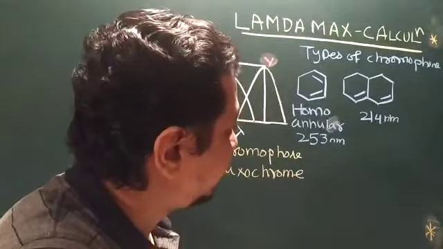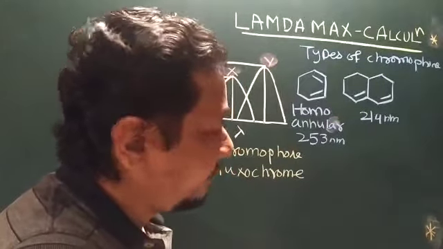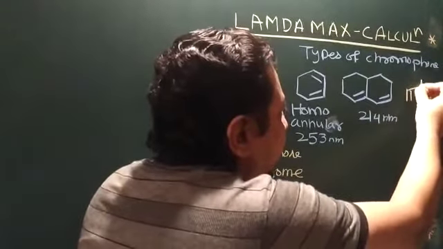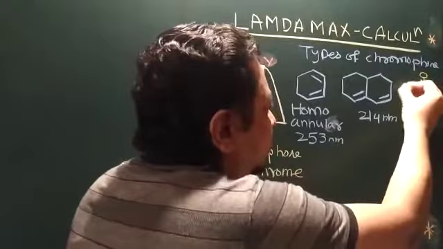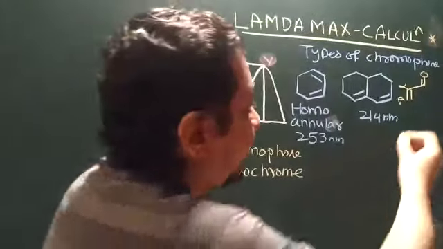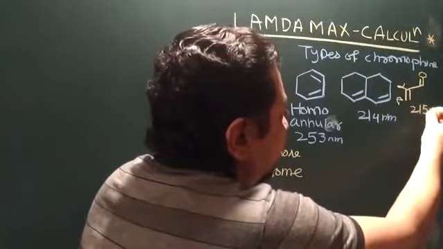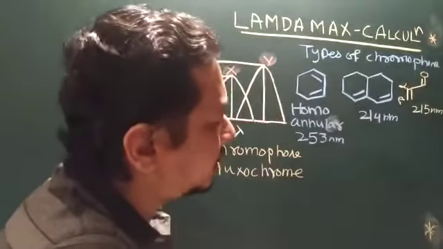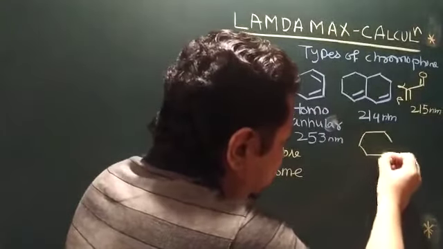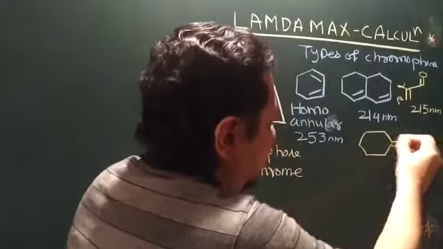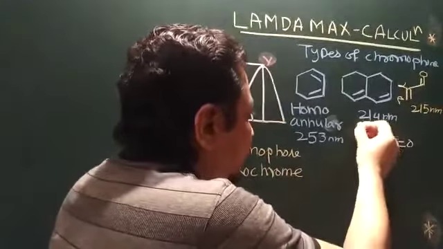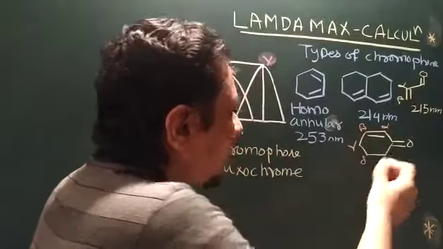Now after the diene, you have the alpha beta unsaturated ketone, with a double bond at alpha beta. This base value is 215 nanometer, where the alpha beta unsaturated ketone can be in a cyclic form, like this structure. You have alpha, beta, gamma, delta and higher.